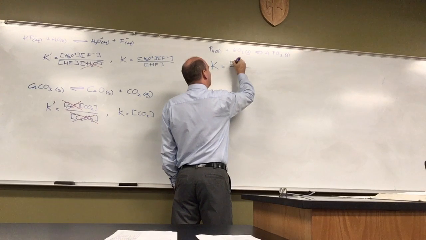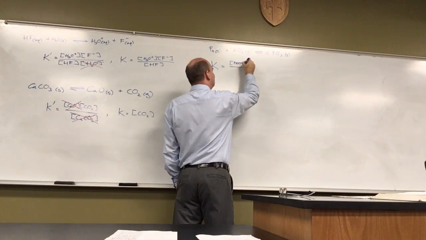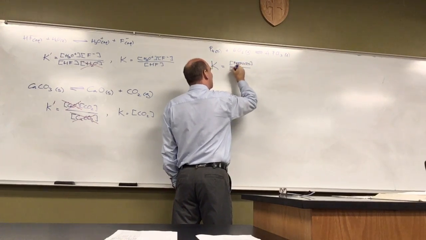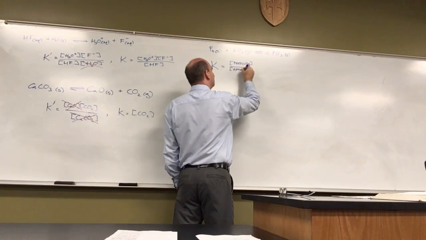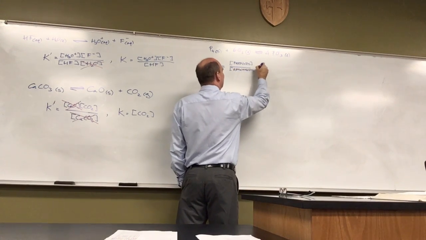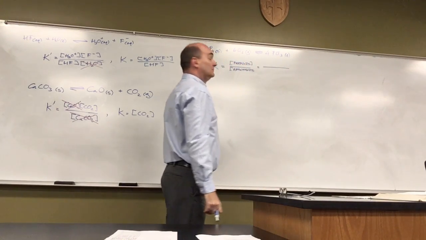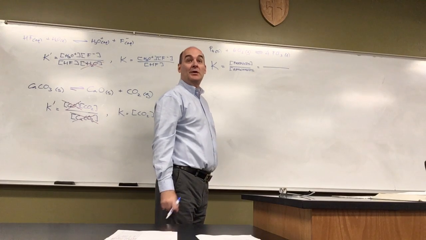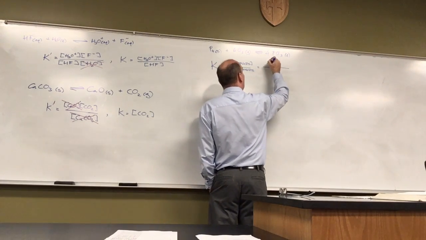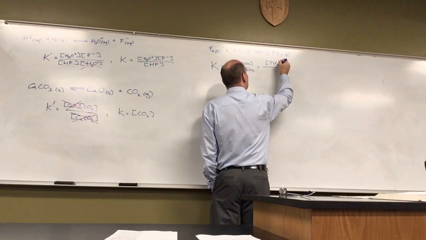Here's the concentration of the products divided by the concentration of the reactants, which equals product. I only have one product, and it is PCl3.